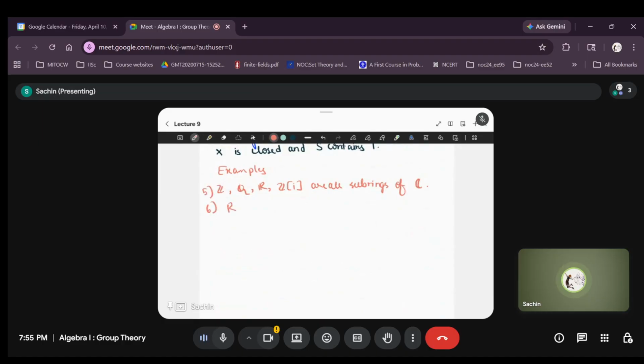The most simple ring is the ring with just 0. In this ring, 1 equals 0. This is a ring. This is called the zero ring.